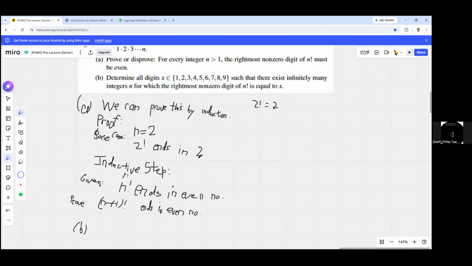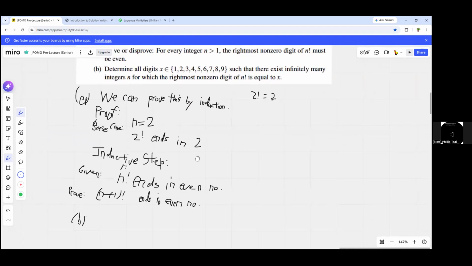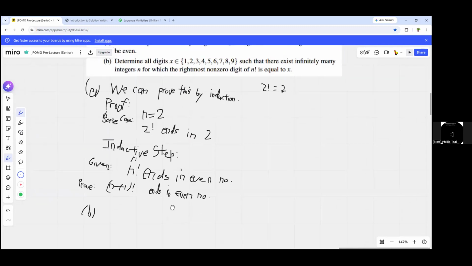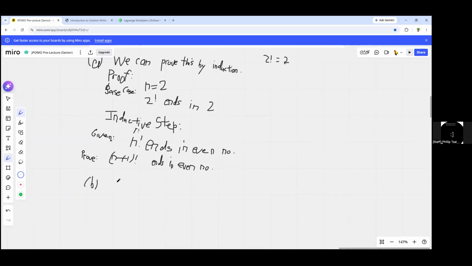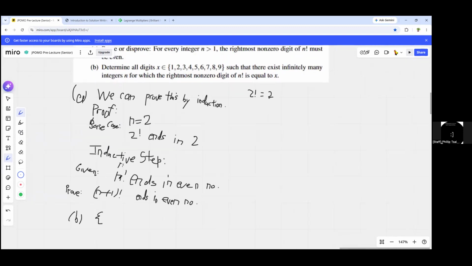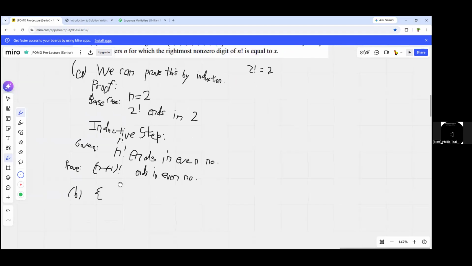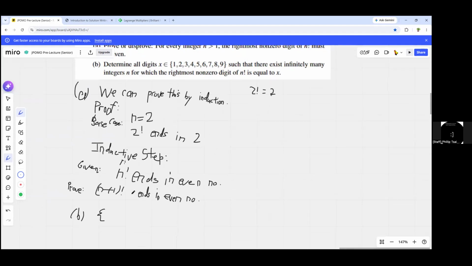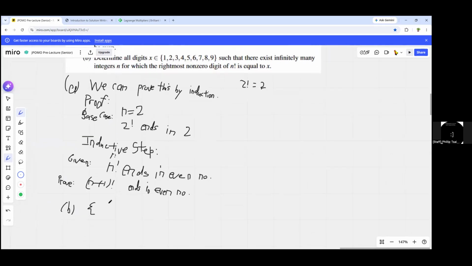In this case, from the solution, I'm pretty sure it's 2, 4, 6, 8.